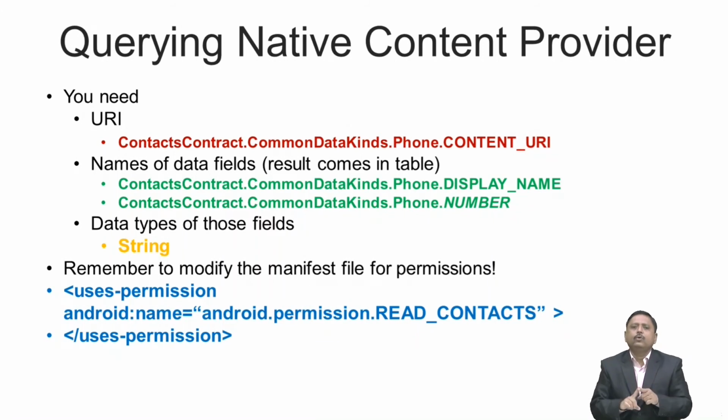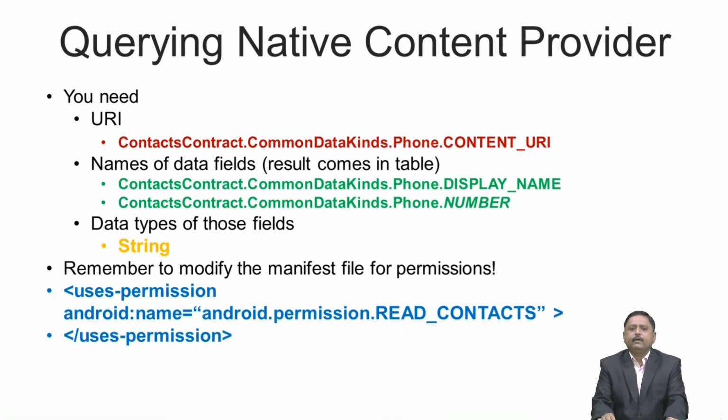So, you should know the content URI, then the names of all the fields that you want to retrieve from the content provider, and the data types of those fields, because we have earlier seen that if I want to retrieve integer data, I will use the getInt method. If I want to retrieve text data, I should use the getString method. So, you must know the names of the columns or fields, and you should also know the data types of those fields, and also require permission to access data.